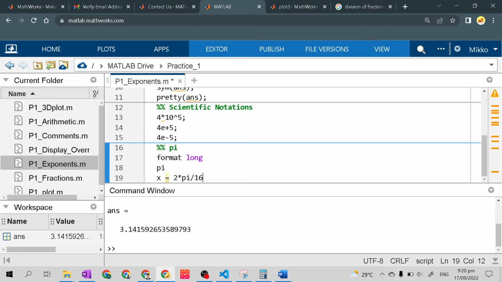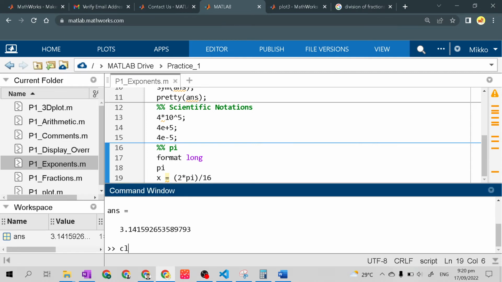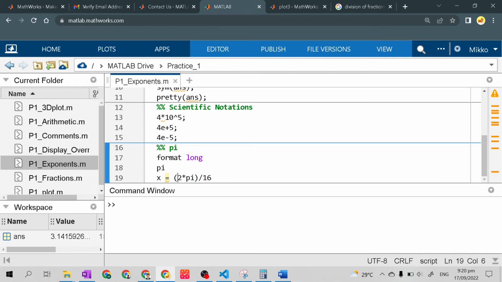MATLAB will solve the division operation first, so do not make it like that. Let's enclose 2 times pi. Let's put a semicolon, then F5.